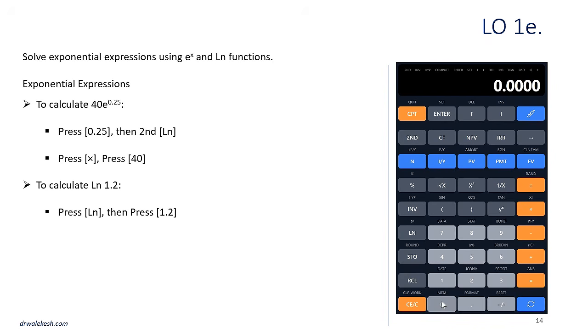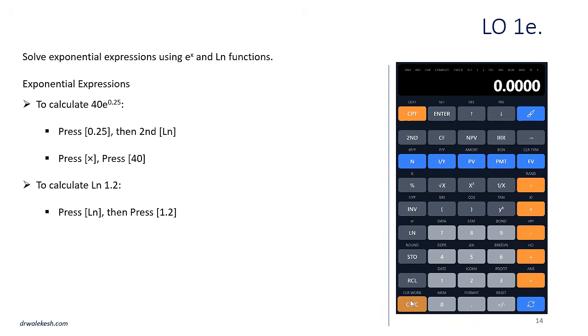The first thing to do here is to press the power, which is 0.25, then second function, exponential, then times 40, that's 40. I'm sure we should agree with this answer.